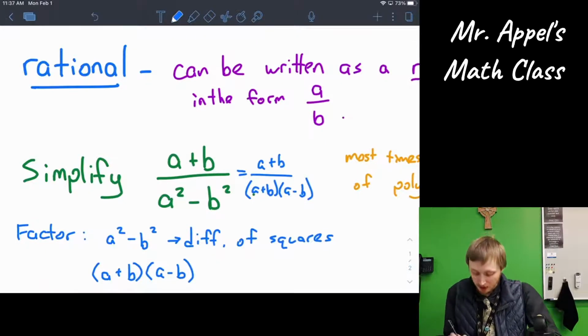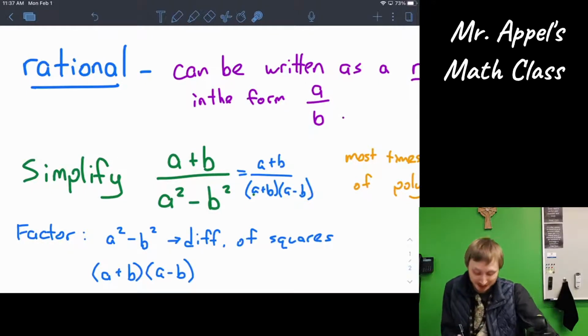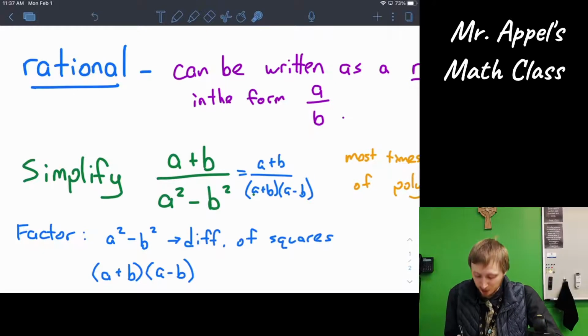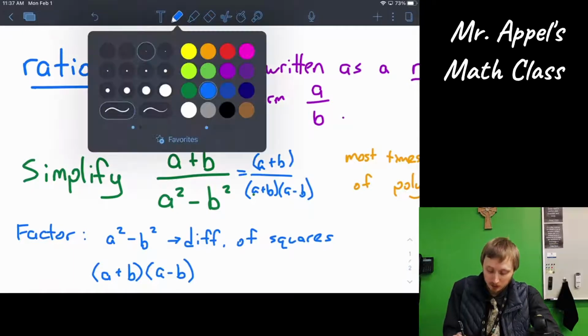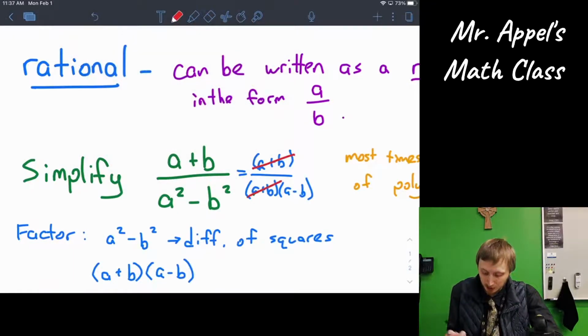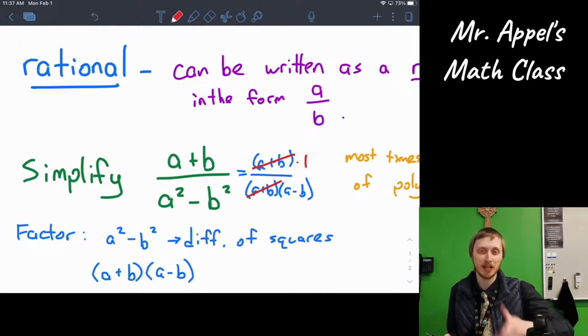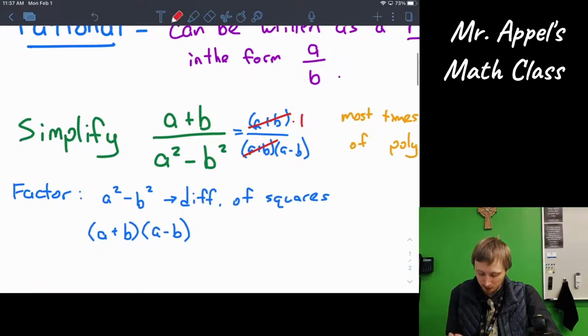Now, a plus b is being multiplied by the rest of it. A plus b is a factor. So when I see, hey, a plus b and a plus b, the whole thing, that is reducible. Remember, everything is always multiplied by an invisible 1. So I don't get nothing up top, I get 1. So the answer is 1 over a minus b.